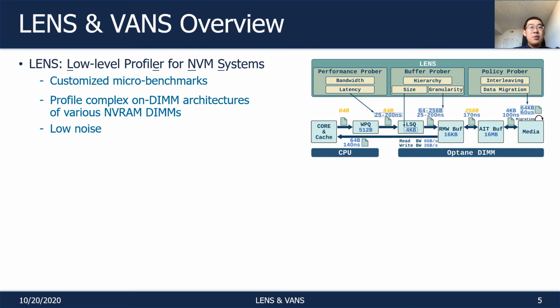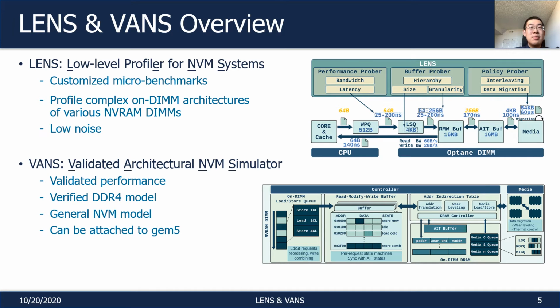Here is a detailed picture of LENS and VANS. LENS is a low-level profiler for non-volatile memory systems. It has carefully crafted microbenchmarks that trigger specific hardware behaviors and discovers the complex microarchitecture design of non-volatile memory products. It also achieves low-noise profiling results. Based on LENS profiling results, we build VANS, a validated architectural non-volatile memory simulator.